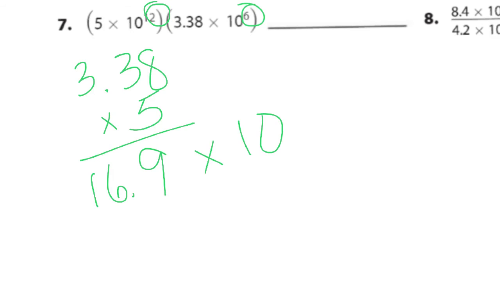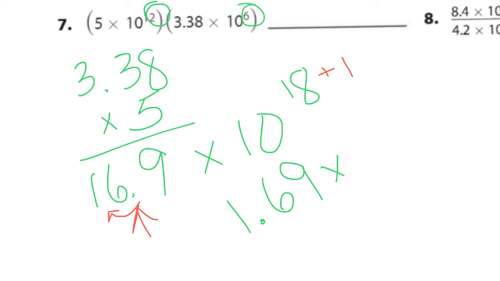So that'll be times 10 to the 18th power. But again, we've got a problem here. That decimal point's in the wrong spot. So move it over to the left once. Add 1 to your exponent because you moved the decimal. You have 1 and 6900ths times 10 to the 19th power.